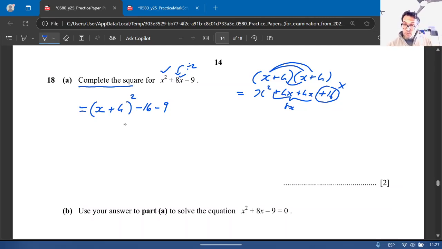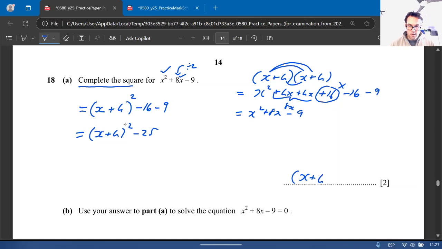Because we've subtracted the 16 and the minus 9 is still there, so x squared plus 8x, 16 minus 16 is good, but the minus 9 is there. This is still equal. And then the last step, of course, is minus 16 minus 9 is minus 25. And that's it, we have completed the square.